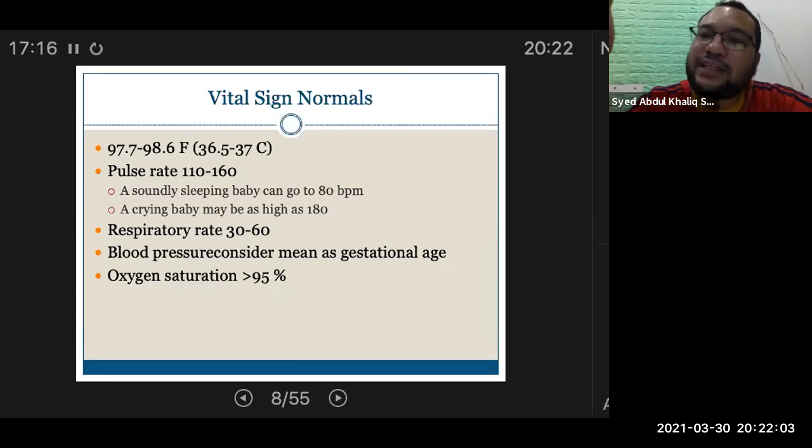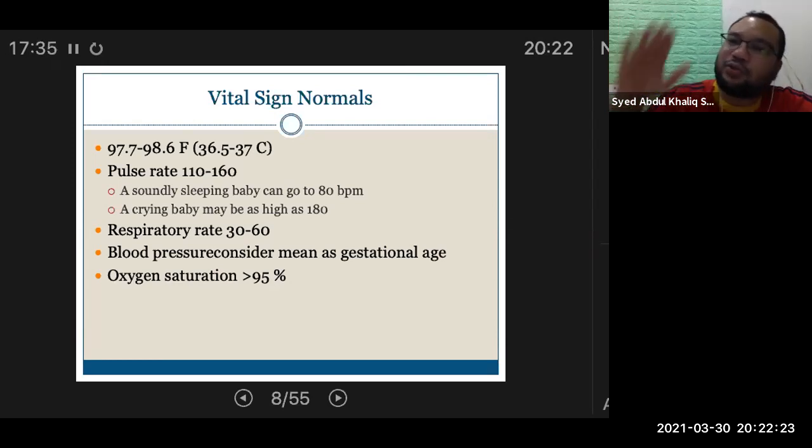A baby at 36 weeks gestation, we expect 36. A baby born at 30 weeks, we expect 30. So usually the mean blood pressure equals the gestational age. And oxygen saturation, we expect 95%, but again, SpO2 changes according to the minutes of life.